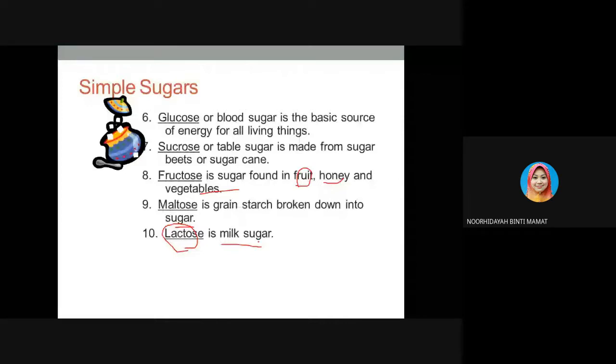But not all simple sugars are alike, right? There are simple sugars that have more nutrients compared to the other simple sugars. For example, lactose and fruits.